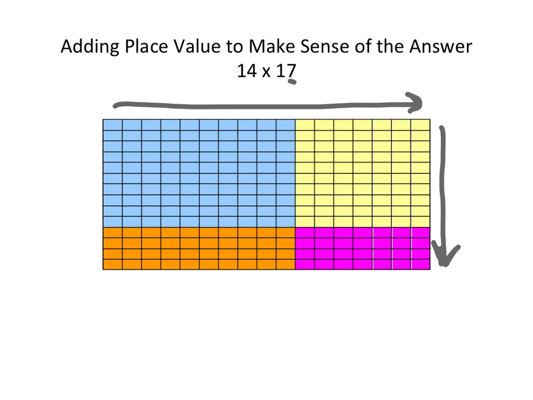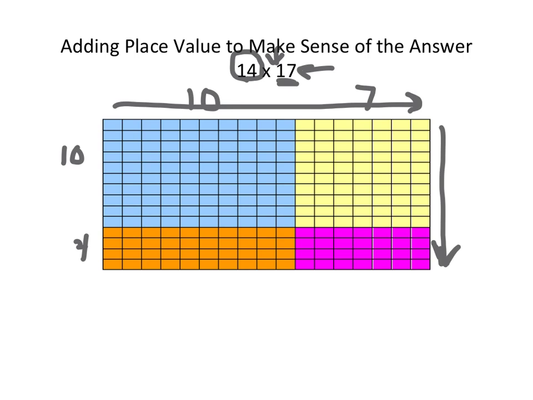So the number 17 is actually made up of one group of 10, right here, and 7 ones. So we have 7 ones and we have 10. A group of 10 and a group of 7 makes up each row. As we look at our 14 rows, we have one group of 10 and we have 4 ones.